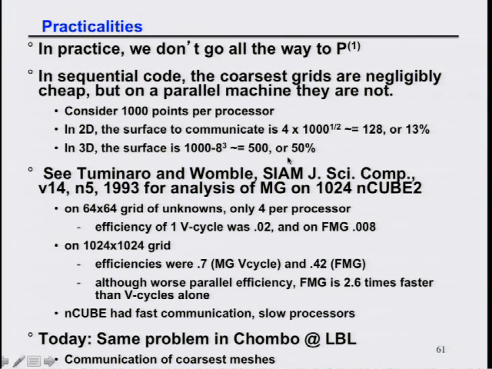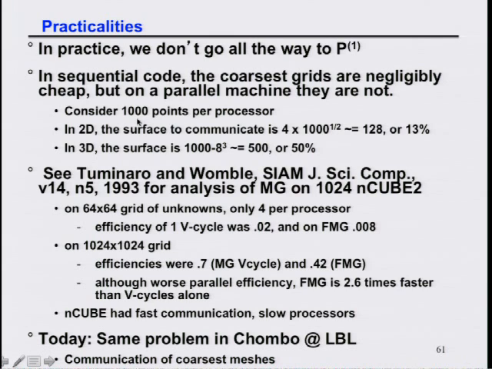Well, the constants matter. And so let's suppose we get down to 1,000 points per processor in 2D. So I want to compare how many flops it has to do, which is 1,000 mesh points, compared to how much it has to communicate, which is the surface area, right?